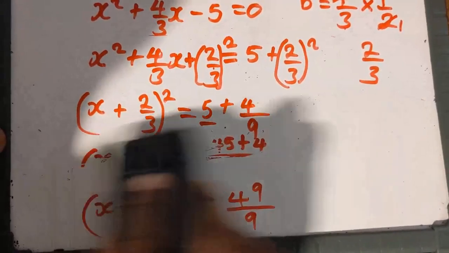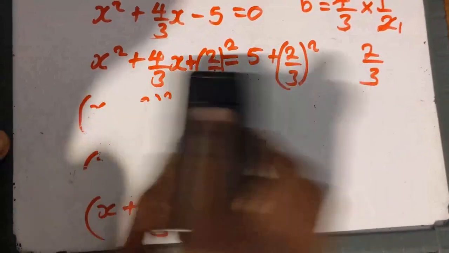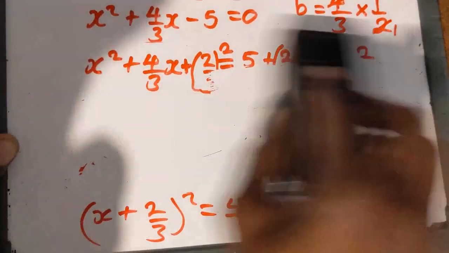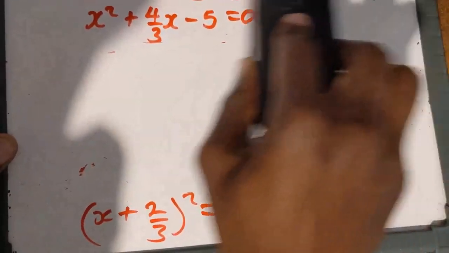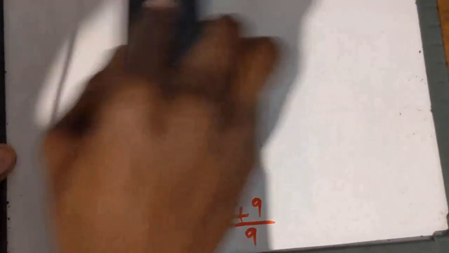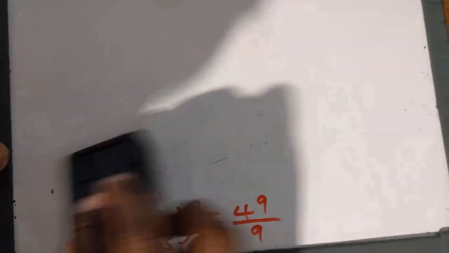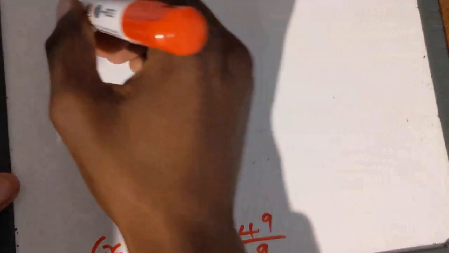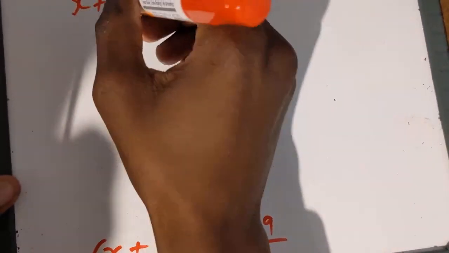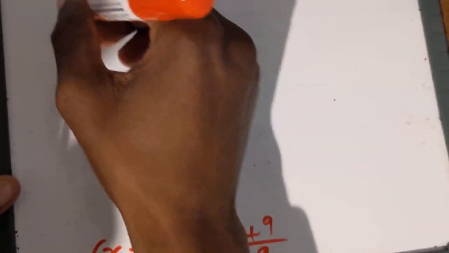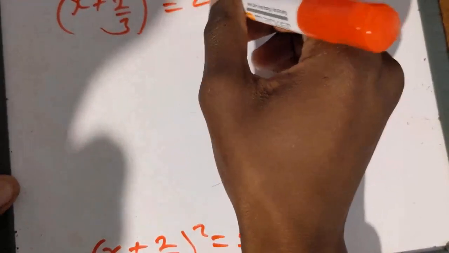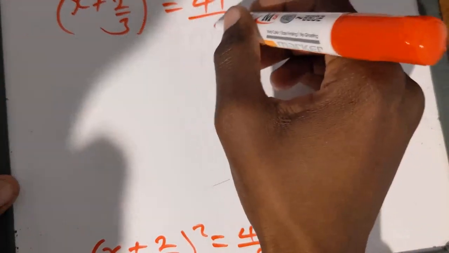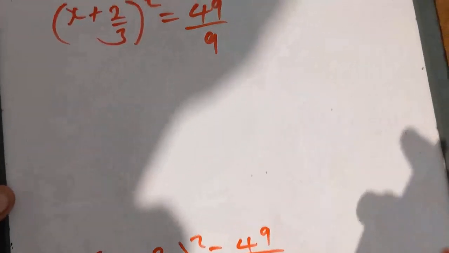Let me just bring it up here. So it is x plus 2 over 3, then squared is equal to 49 over 9.